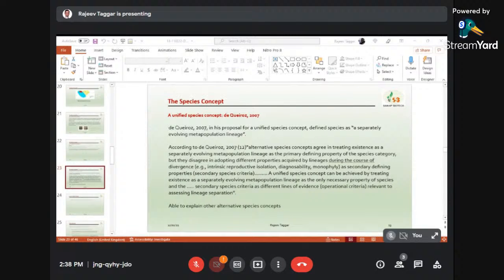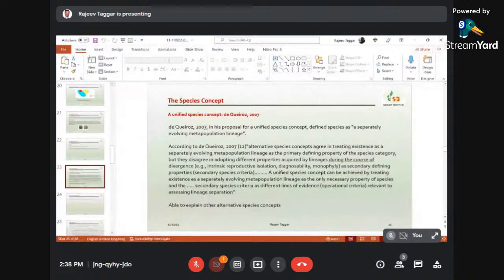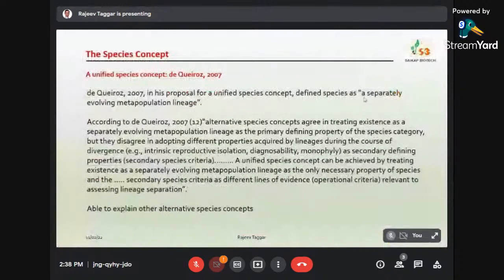Now we go back to the same point which De Queiroz said: a separately evolving metapopulation lineage. When a population which is working together, moving together, and evolving together, a metapopulation, that is called a species. That is a species. They say metapopulation.